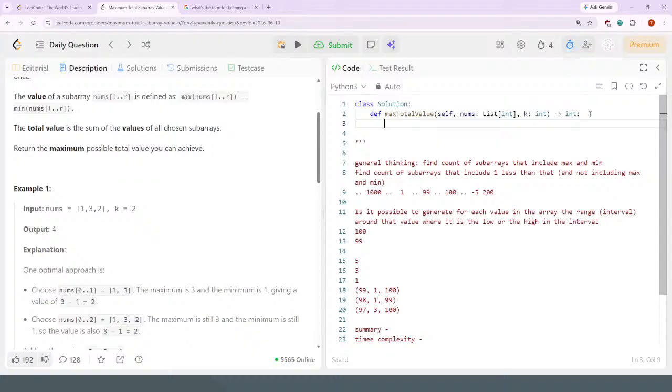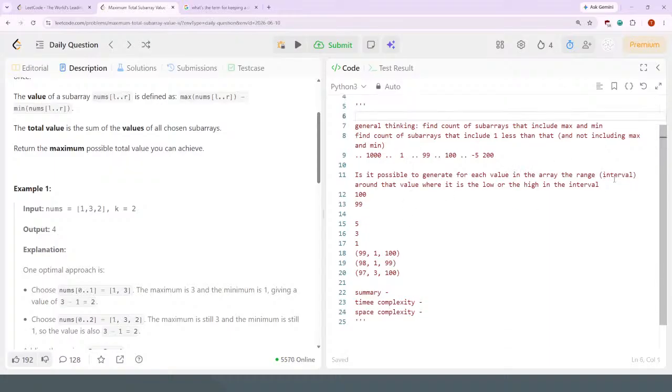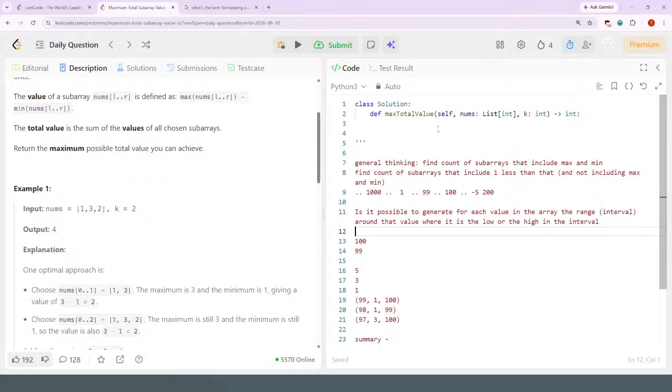How would I do that? Let's say I want to just do it for the high. High interval. Let's say n is the length of it.